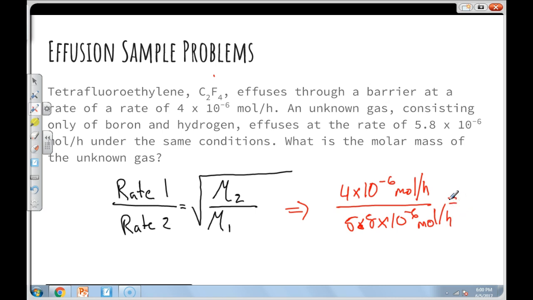And that's going to equal the square root of the molar masses. Here's the thing, we don't know the molar mass of the unknown, but we can calculate the molar mass of tetrafluoroethylene.